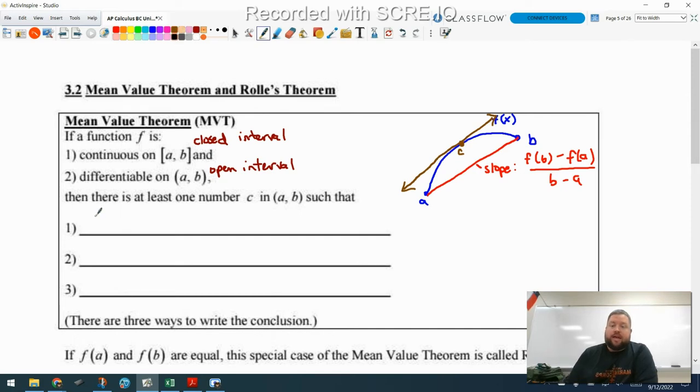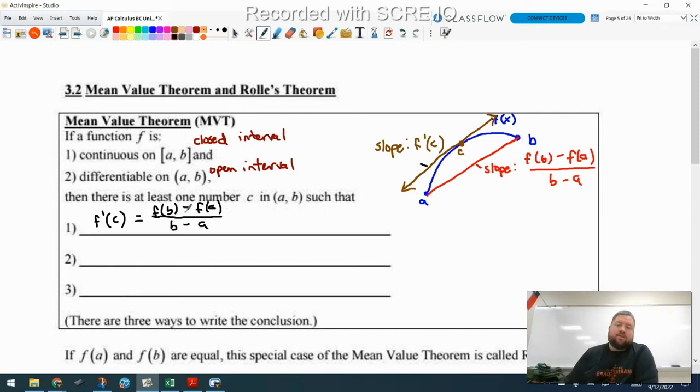So our conclusion is that f prime of c, that's the slope of the tangent line, all right, let me write that over here, slope, f prime of c, where the slope of the tangent line is equal to the average rate of change, f of b minus f of a over b minus a.